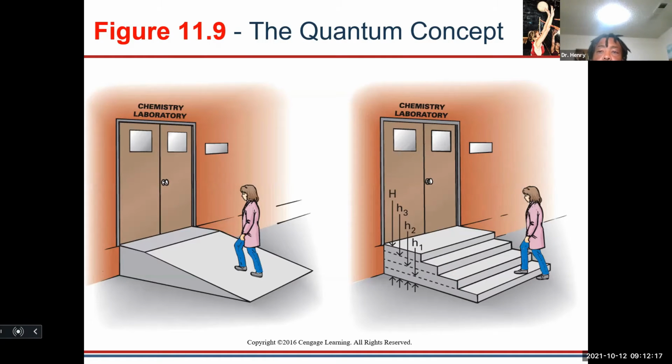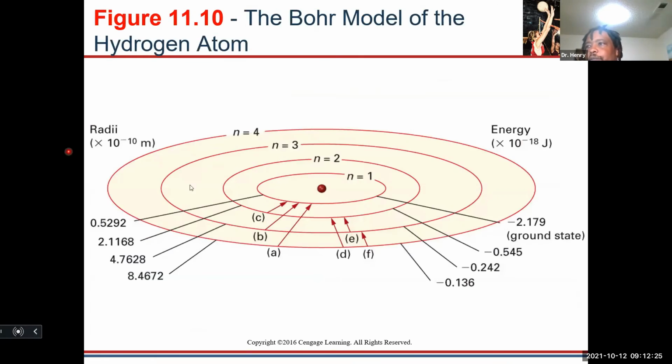So Bohr's atom, he basically designed his model based upon the hydrogen atom. He tested it out on the hydrogen atom. And guess what? It was almost perfect, right? His data was very consistent. It worked out great. So the electron, this represents the ground state, okay?